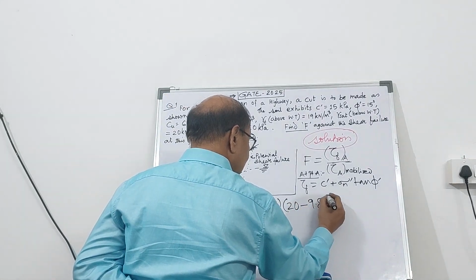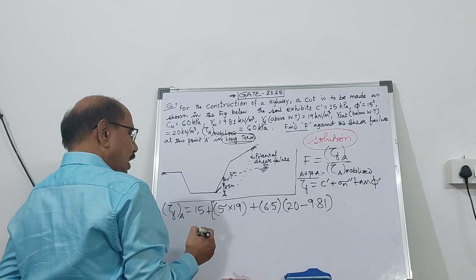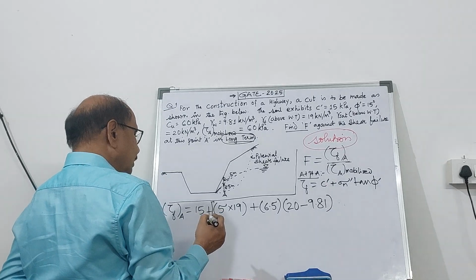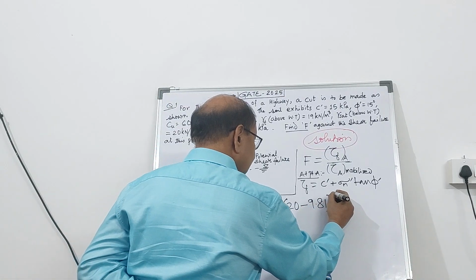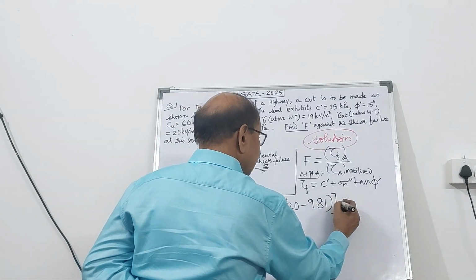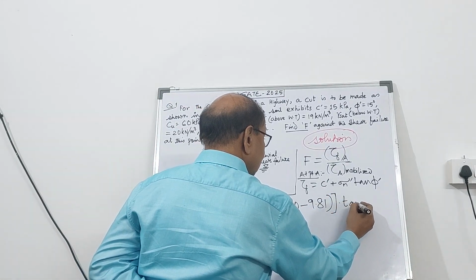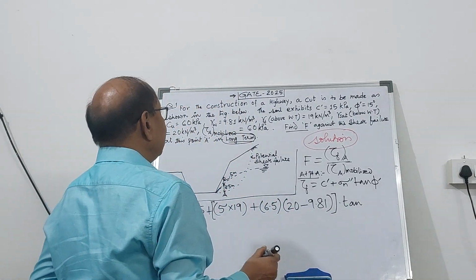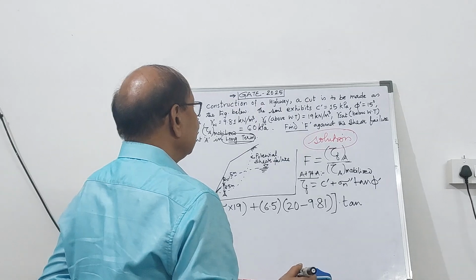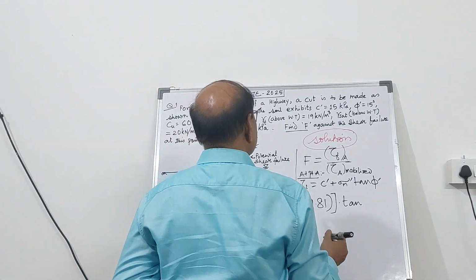That becomes gamma prime, the submerged unit weight. So C prime plus sigma n prime into tan of phi prime, and the phi prime value is already given over here as 15 degrees.